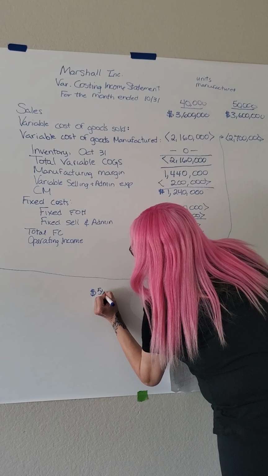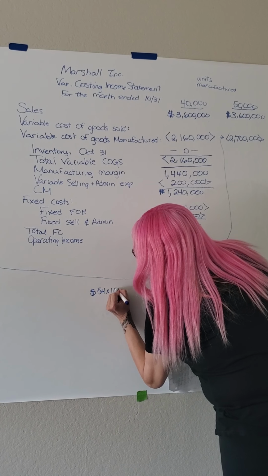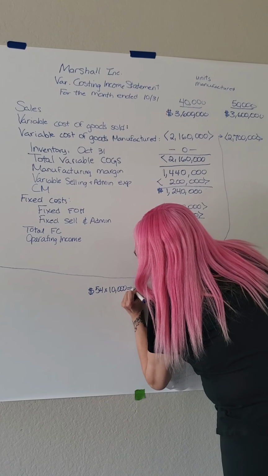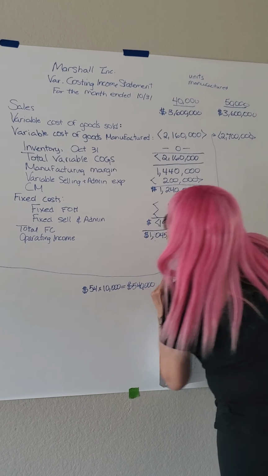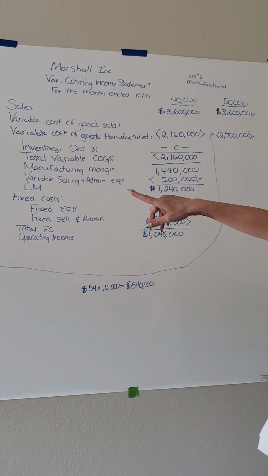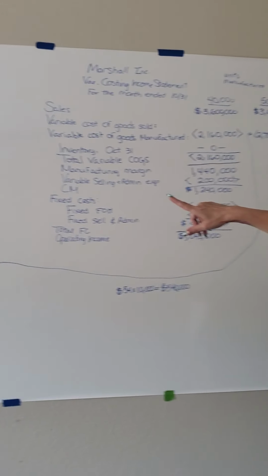And then our ending inventory is still calculated at $54 per unit. So ending inventory, where we've got $54 of variable cost per unit times 10,000 units. That gives us $540,000 for our ending inventory. And you can see it's $564 under the absorption costing.